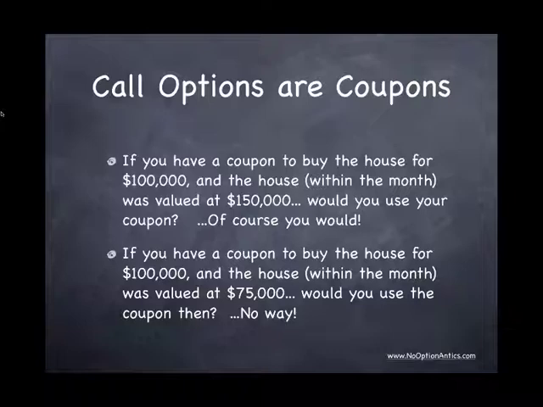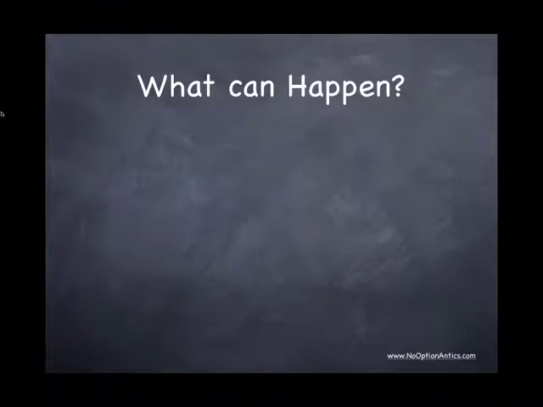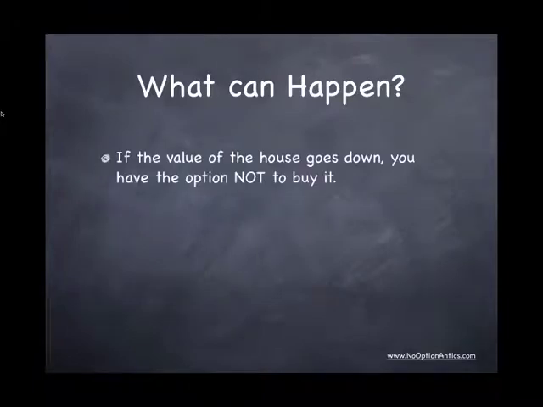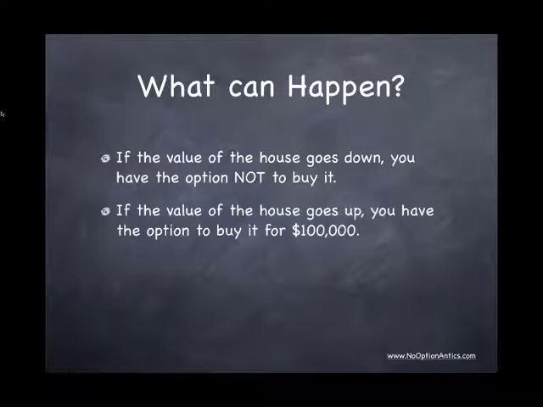When you own an option or you're long an option, you have the right to do something. You just don't have to do something. You only want to make a move with the option if it's advantageous to you. So what can happen? Well, if the value of the house goes down, you have the option or choice not to buy it.